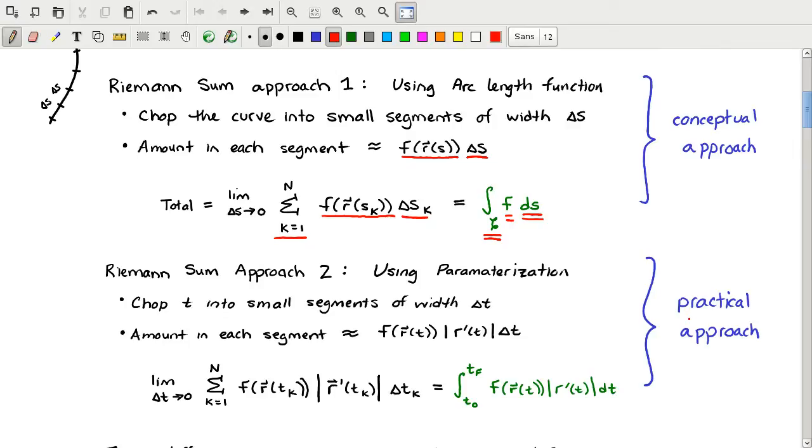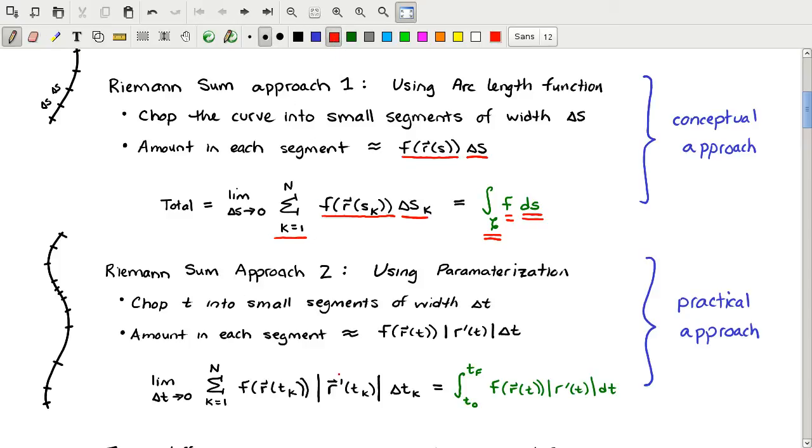Instead of chopping up the curve into individual little pieces, we now chop the parameter into individual pieces. And now each slice of curve may have a different length as the parameter goes more or less rapidly along the curve. But nevertheless, we learned how to estimate the length of each of these segments in a previous lesson.